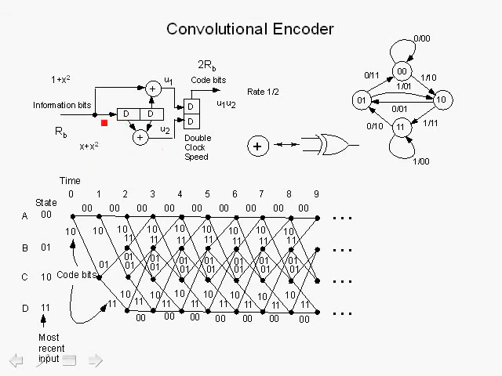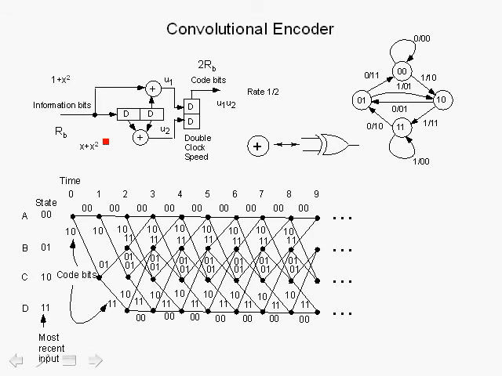In this case, since we're not tapping off the information bit as it comes in, but we are tapping off the first element of the shift register and the second one, we get x plus x squared. So the polynomial representation is a nice compact form for expressing the circuitry associated with the top and the bottom portions of the convolutional encoder.